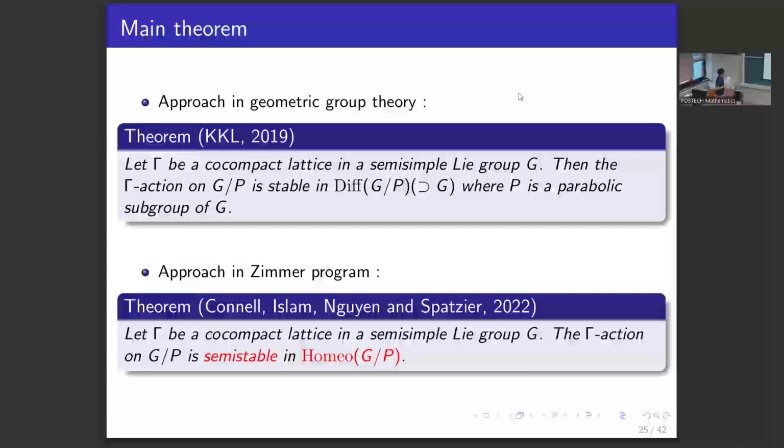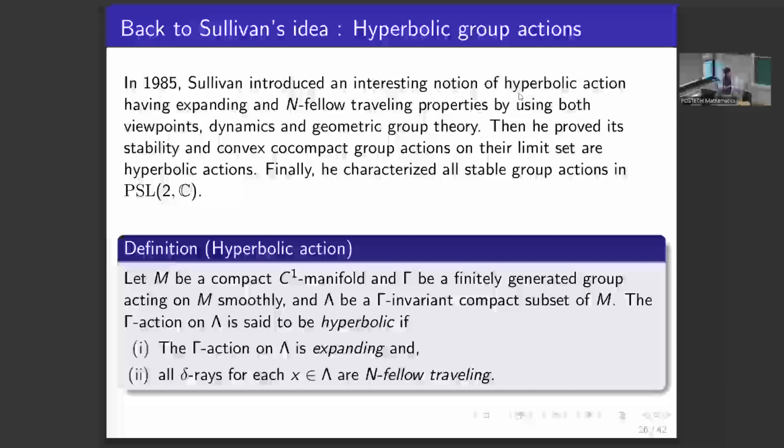But there, the approach is too different from our approach. So our approach is just geometric group theory. Okay, let's go back to Sullivan's idea to explain why this kind of thing happens. Sullivan introduced the notion of hyperbolic action, having some expanding and fellow traveling property.